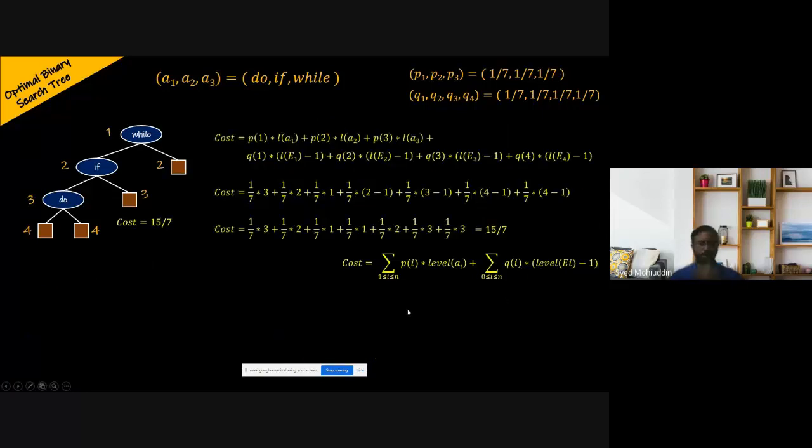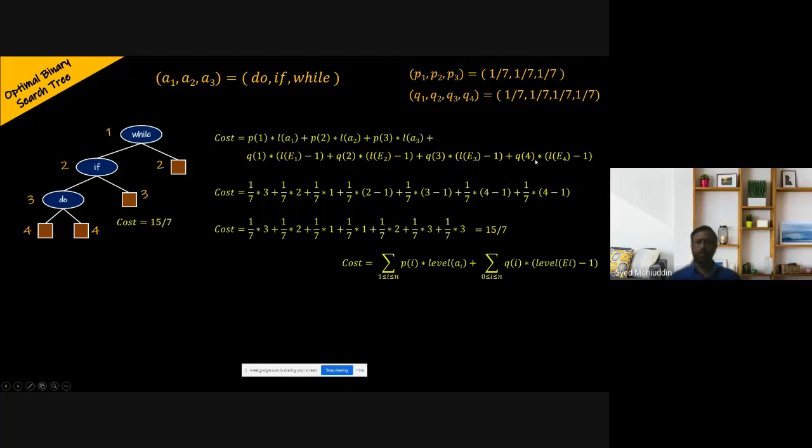So let us compute it for the first binary search tree. Here, when we use summation 1 to n, we have P1 multiplied by level of A1, plus P2 multiplied by level of A2, plus P3 multiplied by level of A3, plus for unsuccessful search Q1 multiplied by level of E1, where E is the external node, minus 1, plus Q2, that is the probability of the second external node, multiplied by level of E2 minus 1, plus Q3 and so on.